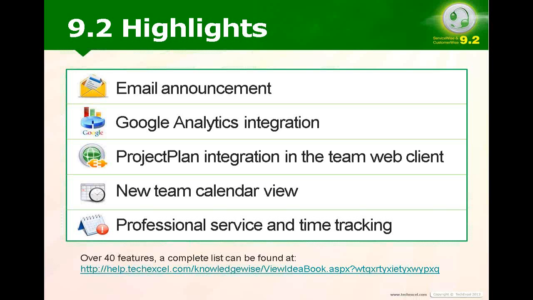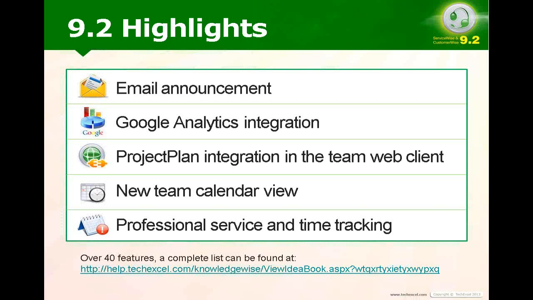If you are using our sub-project feature and using our project plan, you will see a new tab called Planning on your Team Web client. We also completely redo the calendar view in the Team Web client with some additional capabilities.